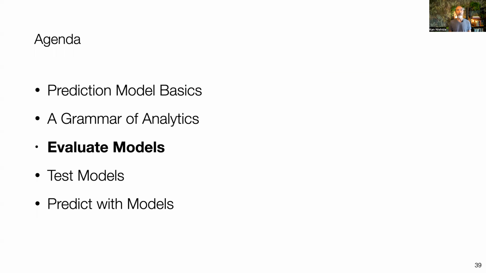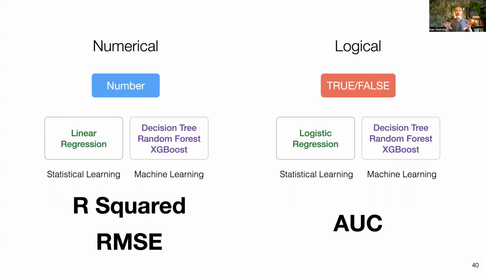Okay. In this seminar, I'm going to focus on these two things, numerical and logical. These are the two types of target variables. Numerical means you're trying to build a model to predict something like sales or number of orders, something about numbers.